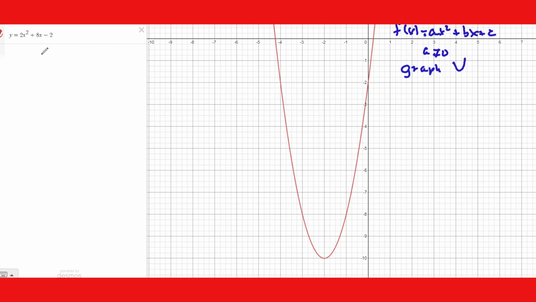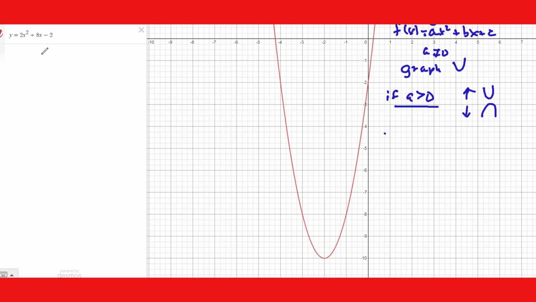If the a value is greater than 0, the parabola opens upward. If the a value is less than 0, a negative value, then it opens downward.